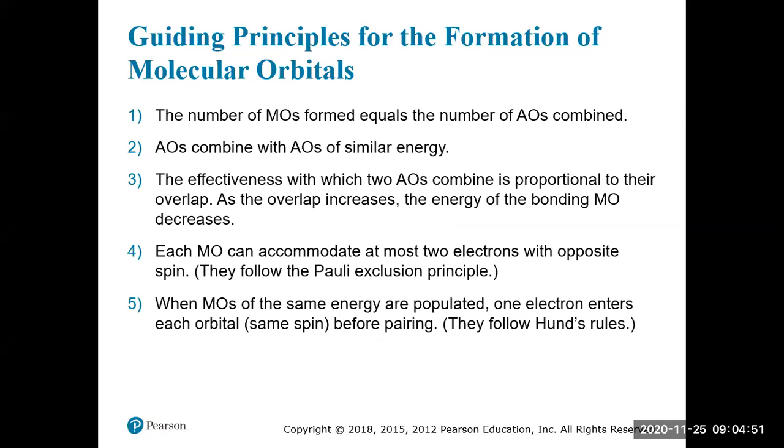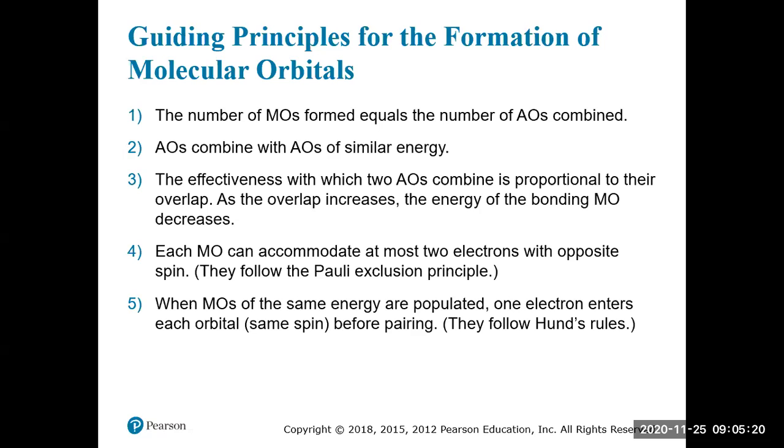Some things that we want to remember when we're looking to see if molecular orbitals are possible and how to form them. First, the number of molecular orbitals formed equals the number of atomic orbitals combined. Second, atomic orbitals combine with atomic orbitals of similar energy.